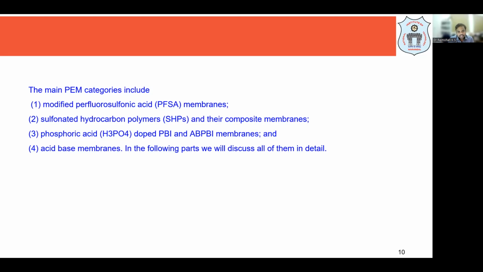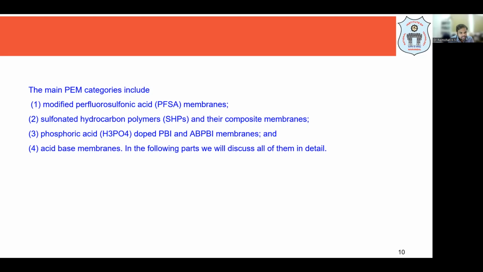But for high temperature applications, we need to modify it because it has to deal with water in both liquid phase as well as vapor phase. So the first alternative is the modified perfluorosulfonic acid membrane, which was discussed in detail; we'll discuss it again.